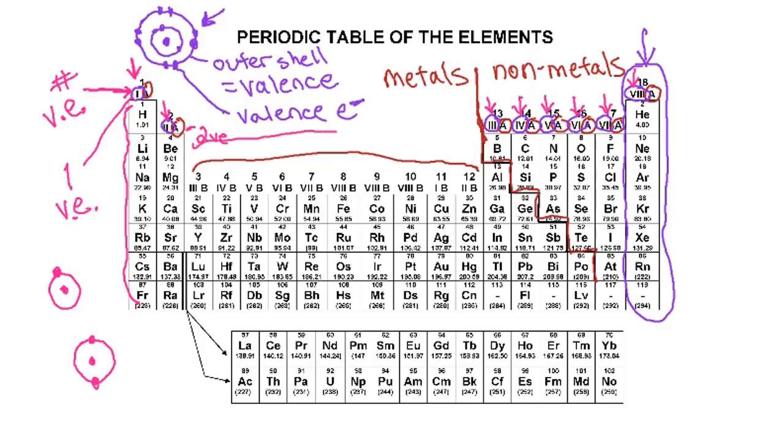And if you go all the way across the periodic table to the rest of group A, here is Roman numeral 3A, so that's going to have 3 valence electrons. And this is going to have 4 valence electrons, 4 electrons in their outer shell. This is going to have 5 electrons in the outer shell, 6 electrons in the outer shell, 7 electrons in the outer shell, and we already said that the noble gases have 8 valence electrons in their outer shell, so they're complete.